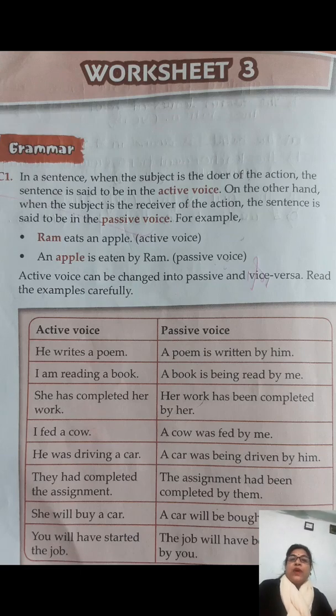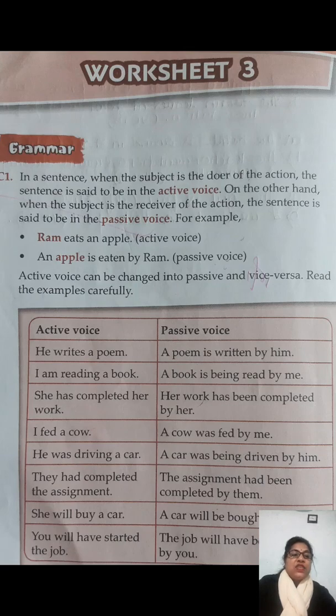Okay, so active voice can be changed into passive voice following certain points. I would like to mention some of the points that have to be kept in mind while we change the active voice into passive. Passive voice is used when the action rather than the doer is to be emphasized.